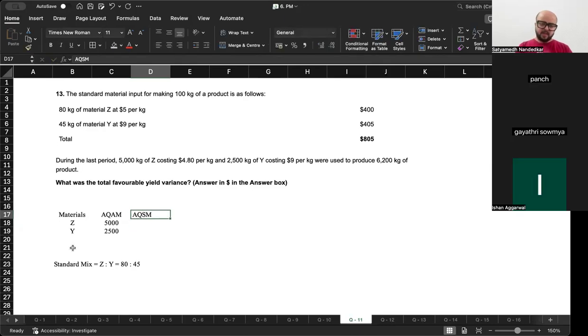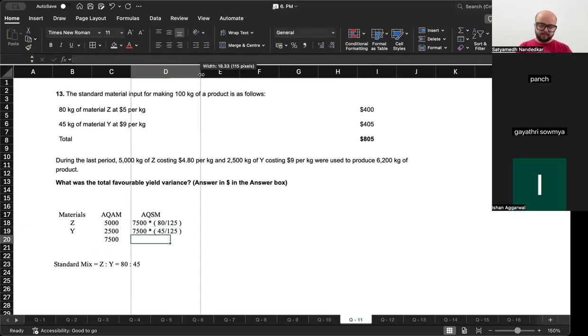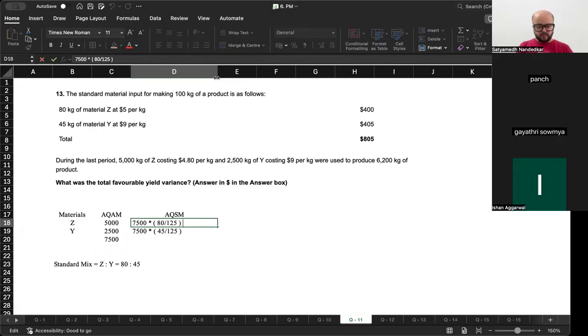Actual quantity, standard mix. How much is the actual quantity standard mix? Take the total, 7500. Okay, 7500 into 80 by 125 and 7500 into 45 by 125. How much does it come to? Tell me the actual quantity standard mix.